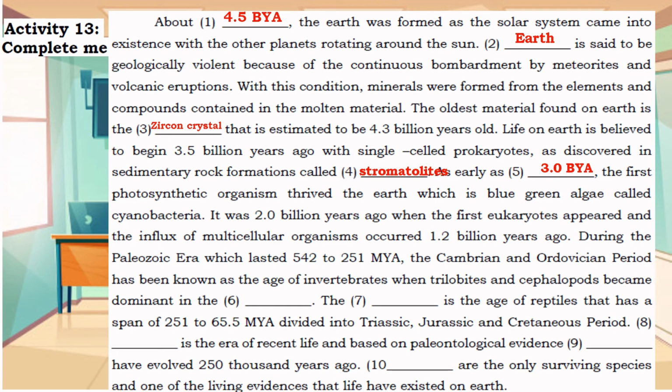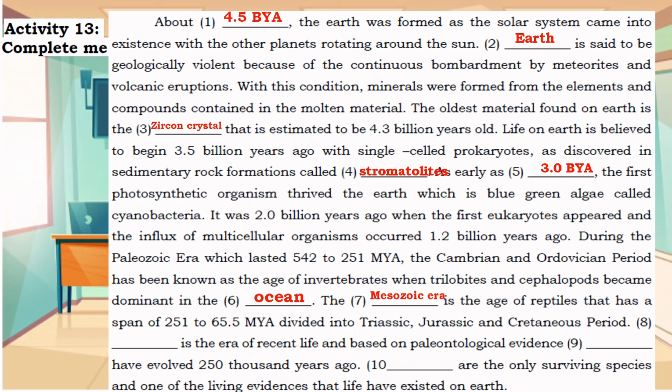During the Paleozoic era, which lasted 542 to 251 million years ago, the Cambrian and the Ordovician period has been known as the Age of Invertebrates, when the trilobites and the cephalopods became dominant in the ocean.